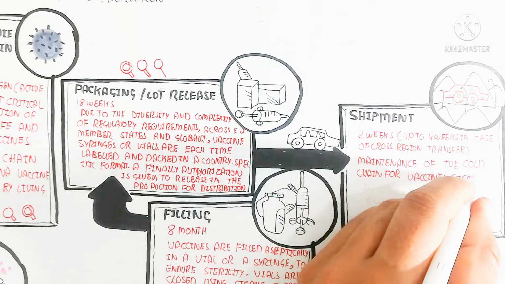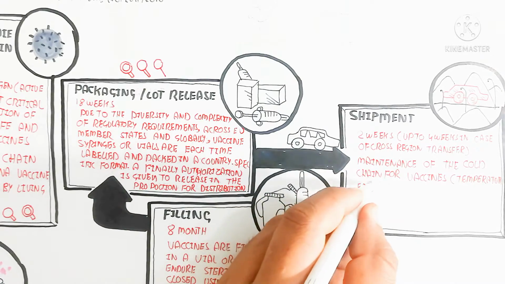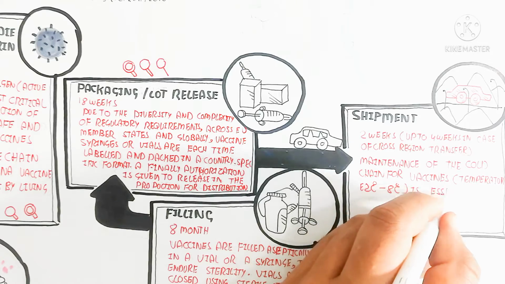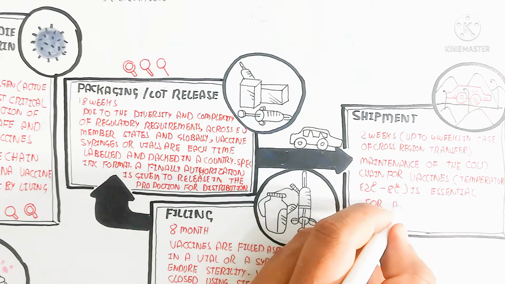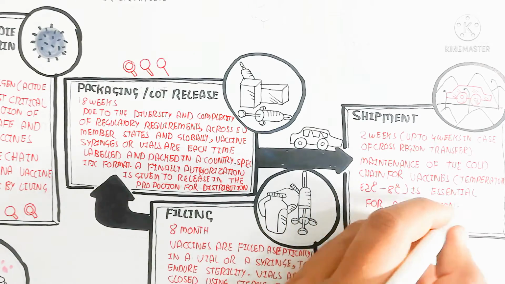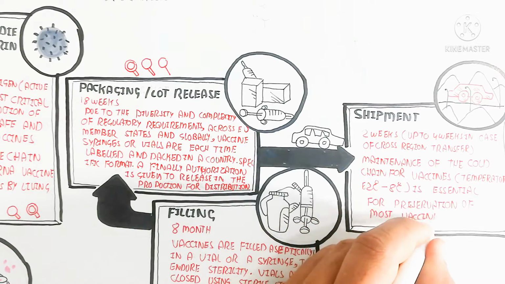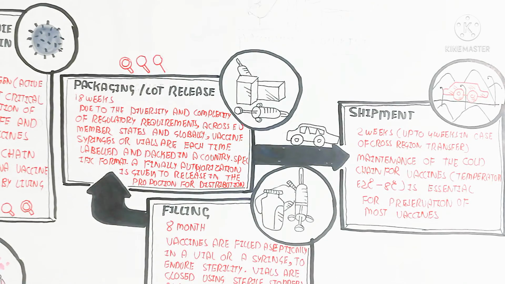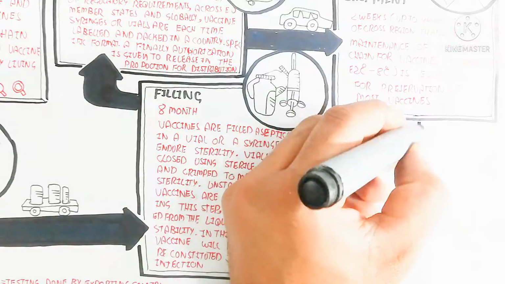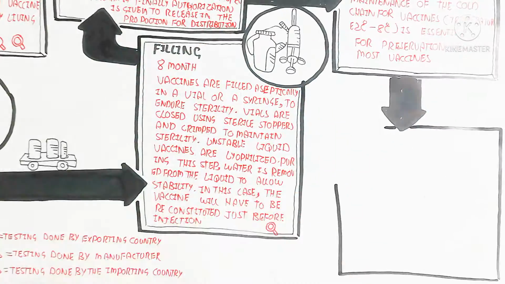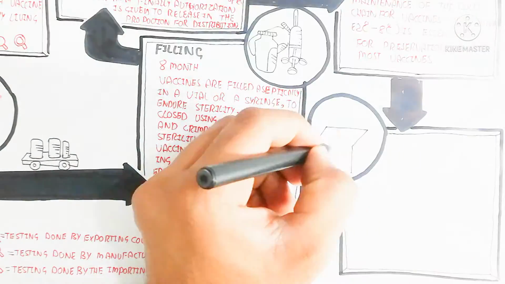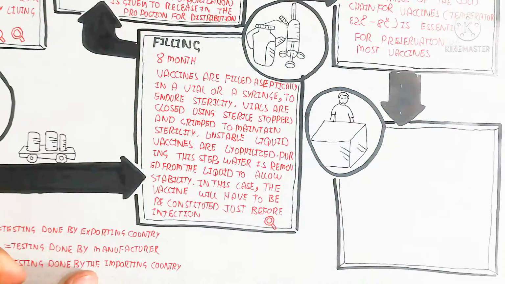Maintenance of the cold chain for vaccines, with temperature between 2 degrees Celsius and 8 degrees Celsius depending on the vaccine, is essential for preservation of most vaccines.